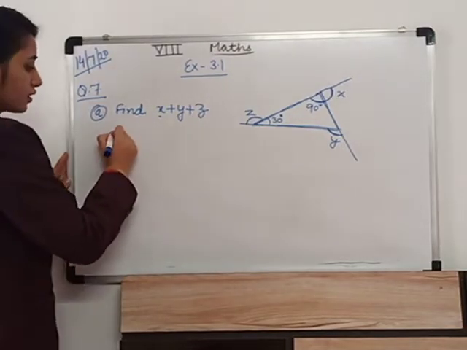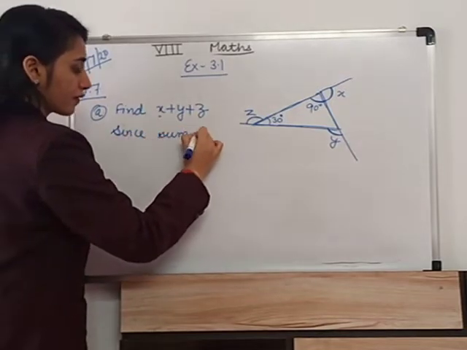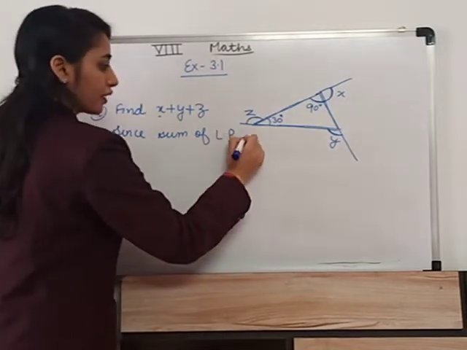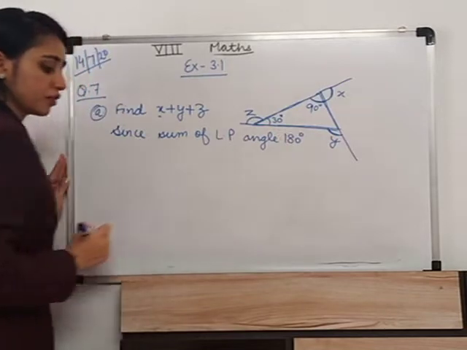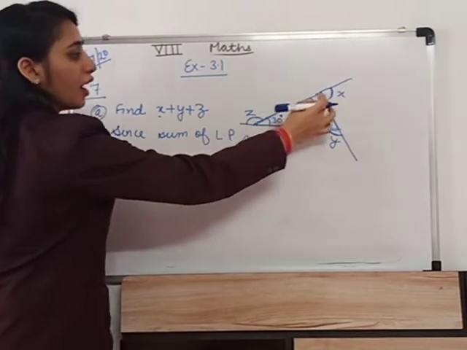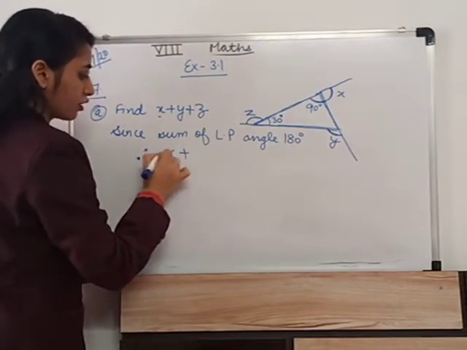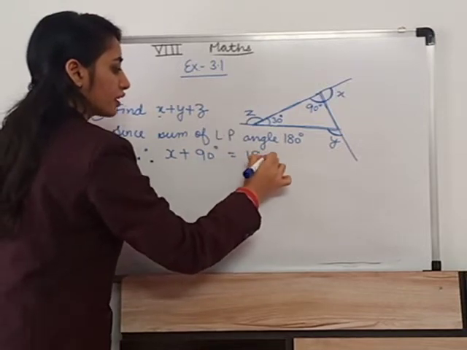So since we know the sum of linear pair, LP means linear pair, angle is 180. Therefore, now you can write x plus 90 is equal to 180 degree.